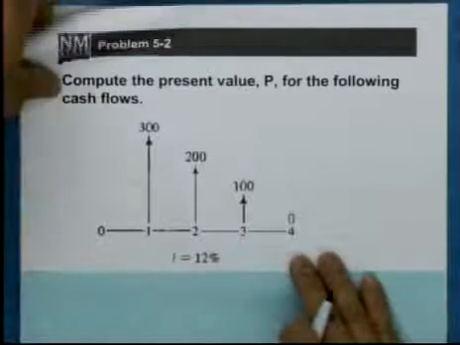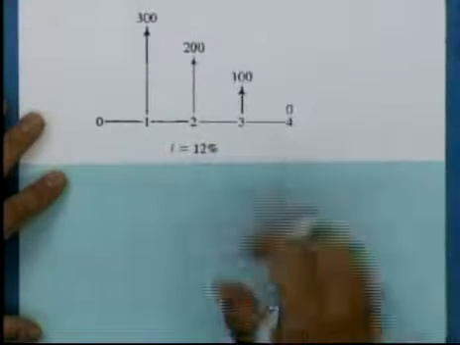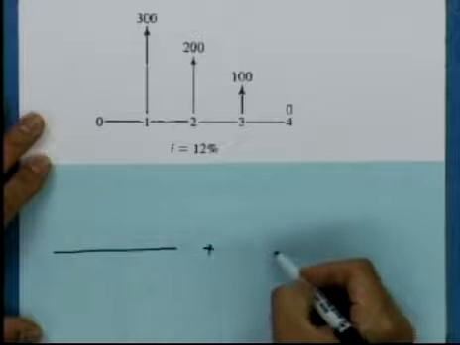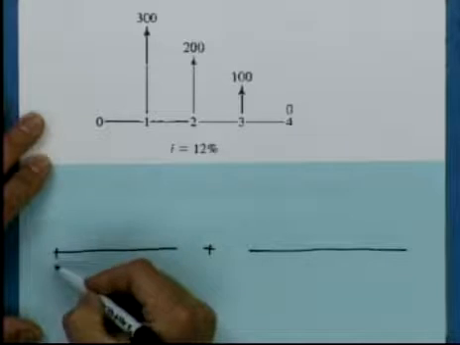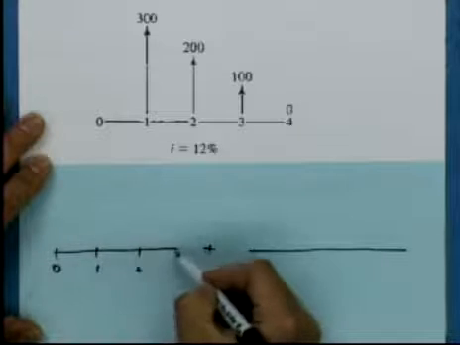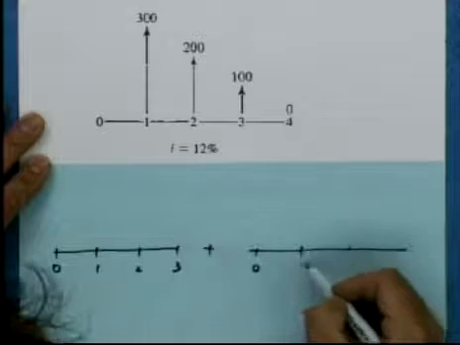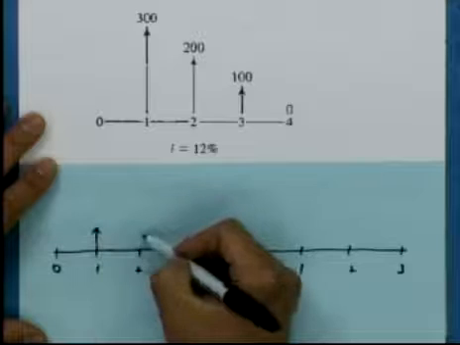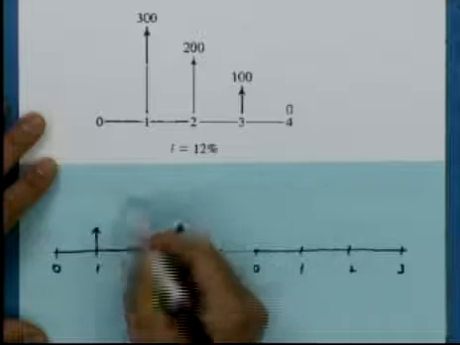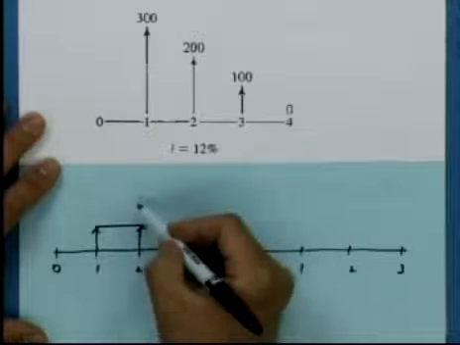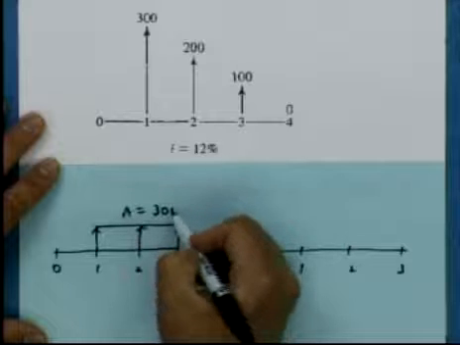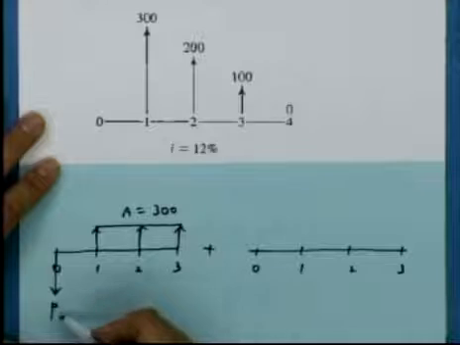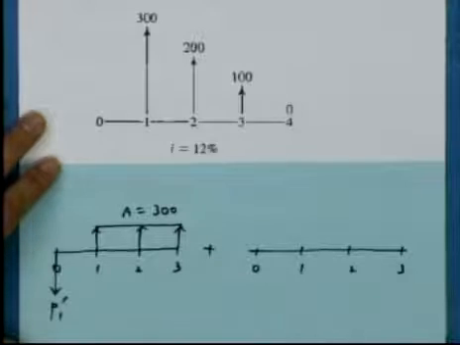So what I mean is this cash flow diagram can be broken into this from 0, 1, 2, 3, and a uniform annual series of $300. And we set the present sum of money P1, we assign P1 prime.